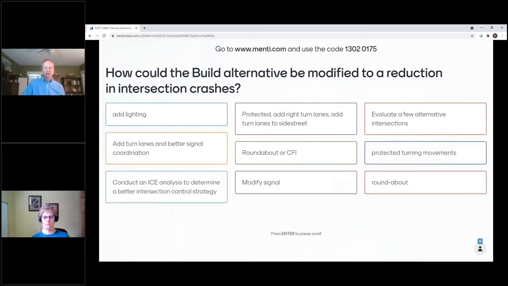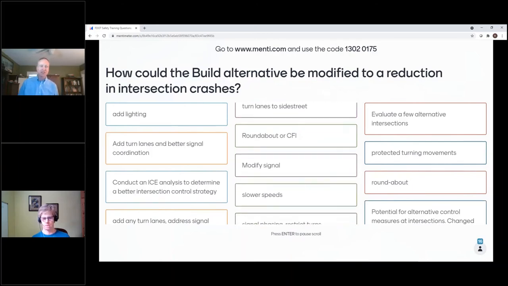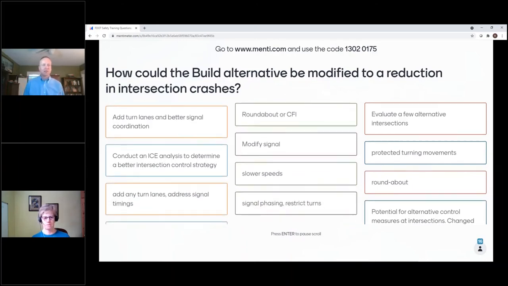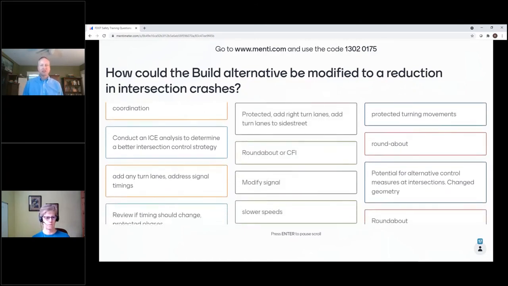Add lighting, protected right turn lanes, evaluate alternative intersections, roundabout, CFI, modify the signal, roundabout, do a nice analysis, good. Add turn lanes with better signal coordination, lower speeds.